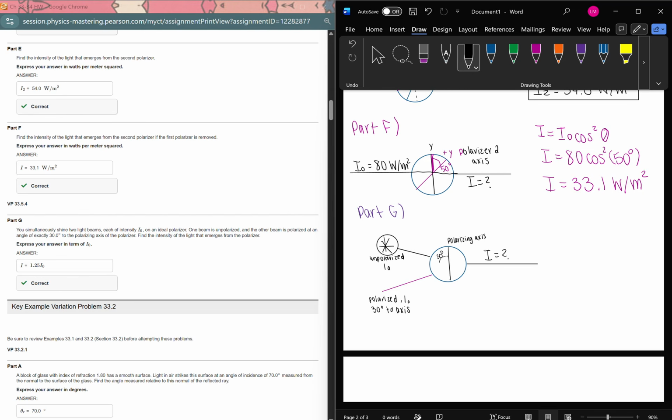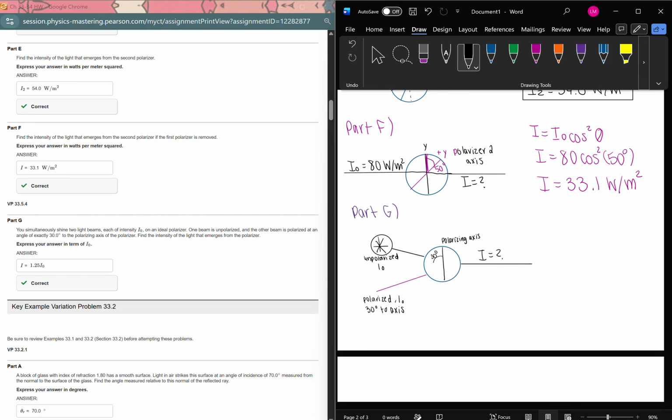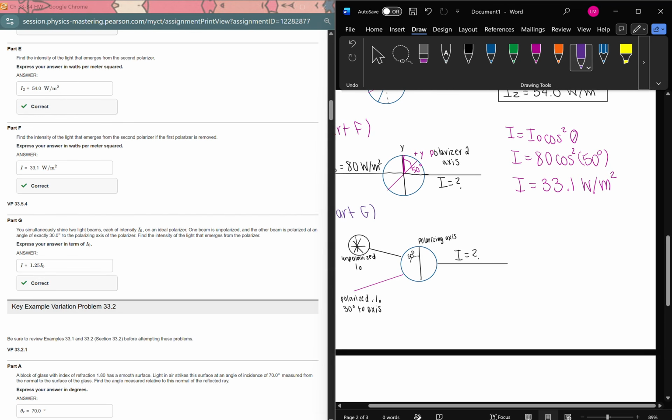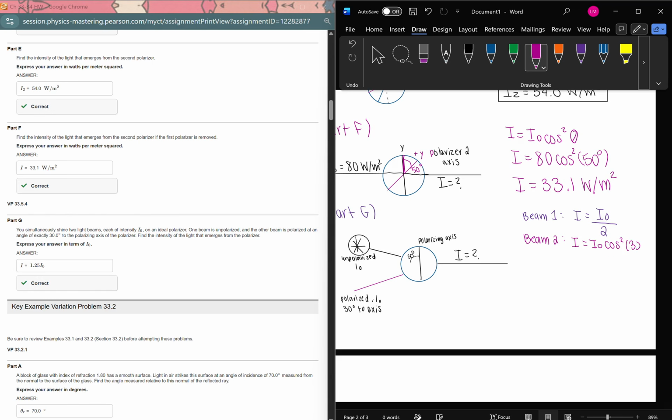So for beam 1, the transmitted intensity is 1/2 of I. For beam 2, which is polarized, we're going to use Malus's law, which is I equals I transmitted cos squared of 30 degrees.